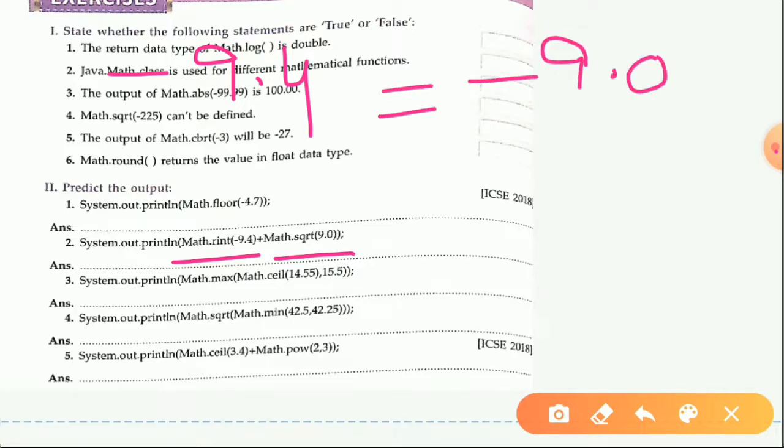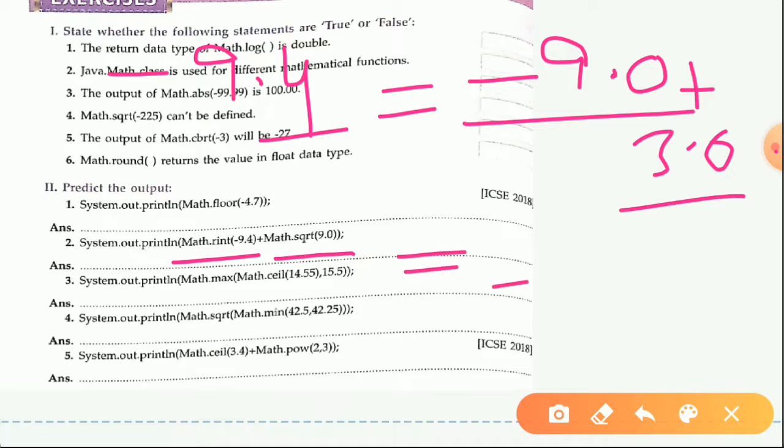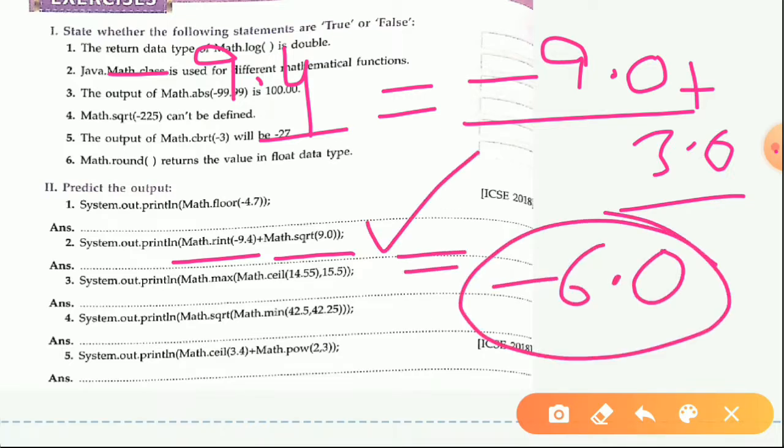Clearly because this is less than your 0.5 over there. Yes, and the double data type you are going to get, and that is why your answer is -9.0. And for the second one, if you calculate Math.sqrt(9.0), clearly you will be getting 3.0. So if you calculate -9 plus 3, then you will be getting what? -6.0. So this is the answer for your second question.